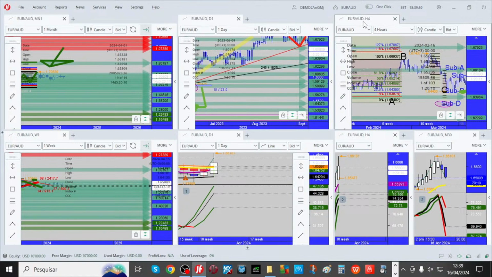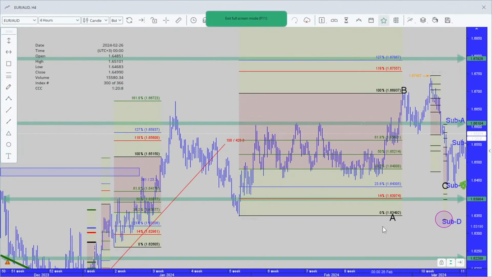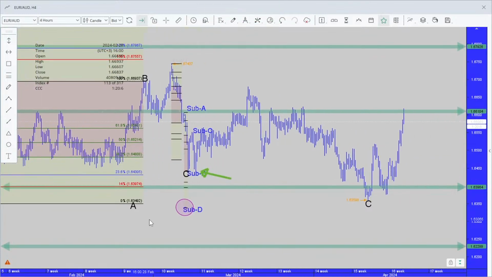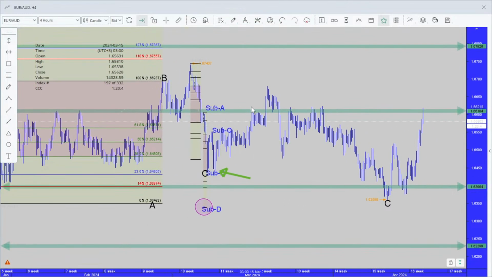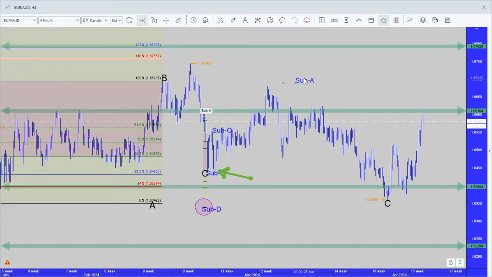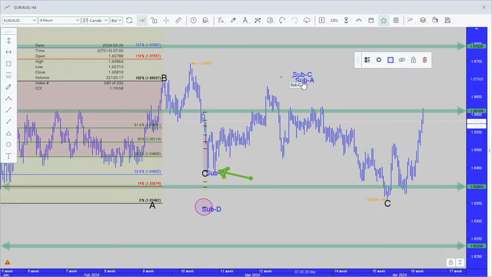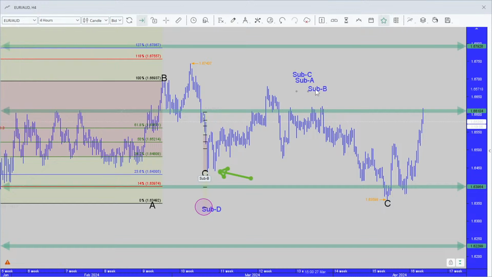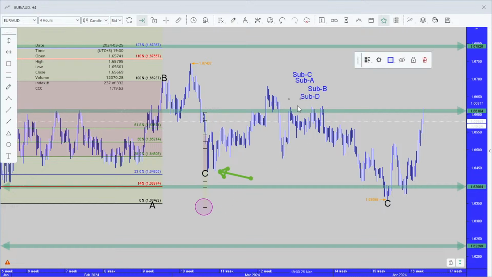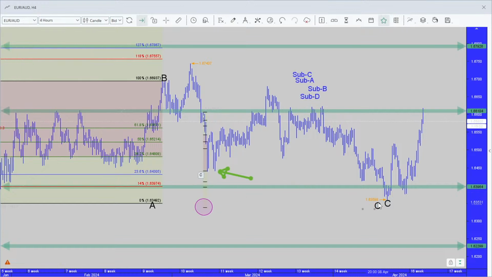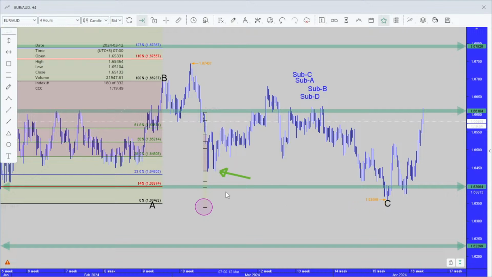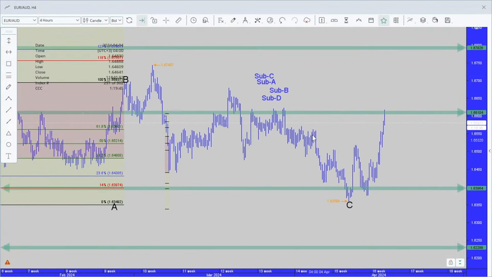Alright, so let's go step by step. Now we covered the contrarian. We're going to just clean it up. How to confirm the C. Now this is the C right now. That's the most recent C, down in here.